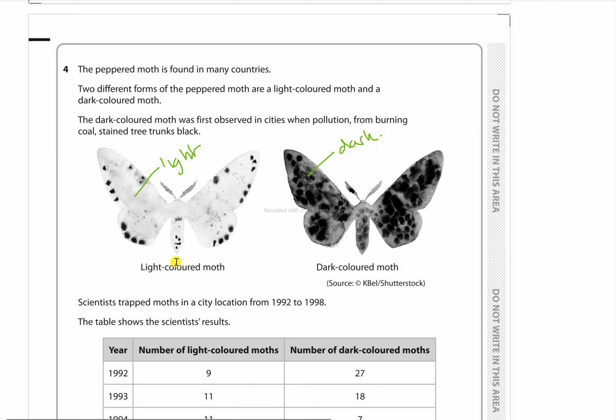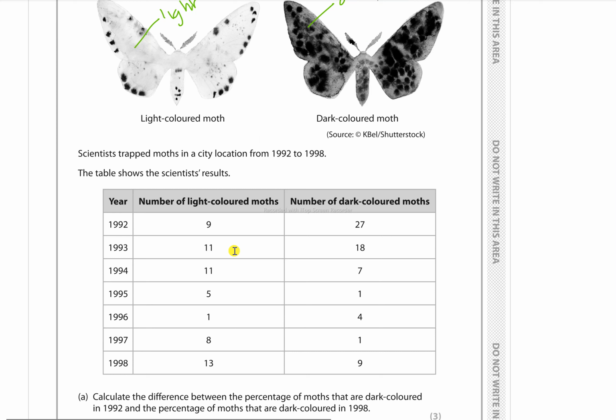Right, let's move over here. In 1992 to 1998, the number of light-colored moths went up, stabilized, dropped, and then went up again. Number of dark-colored moths dropped, and then went up, and then down, and up.